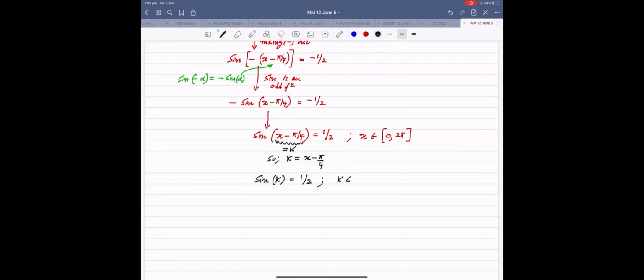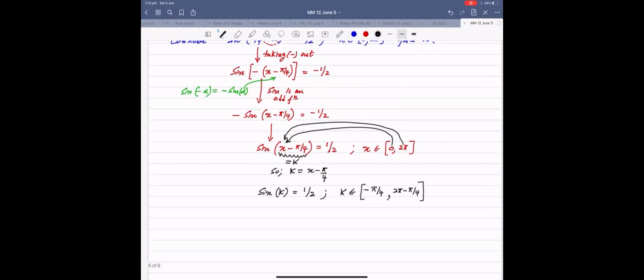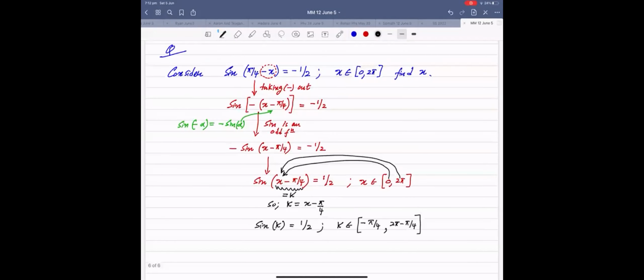Now you should have k here. What you do, you put 0 for x. So that means you get -pi/4 here. Next you do 2 pi, so it's going to be 2 pi - pi/4. Perfect. See? End of the day, we are bringing whatever complicated situation into the simplest known situation.